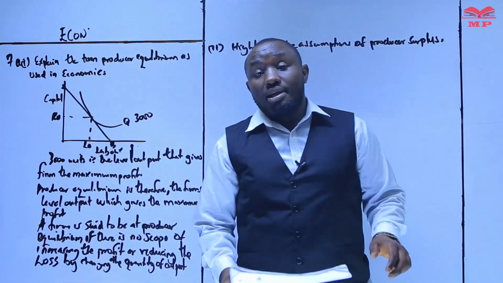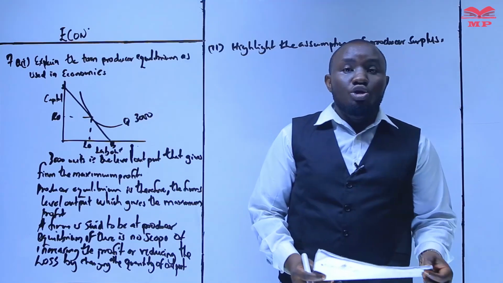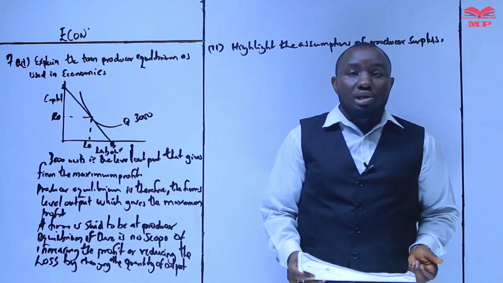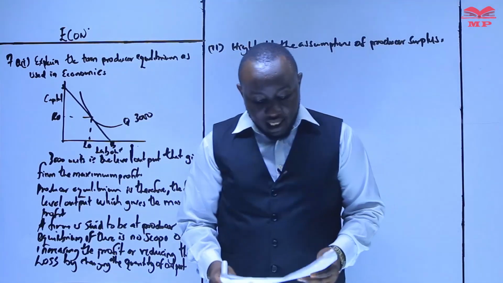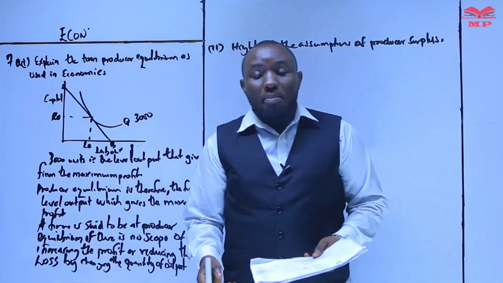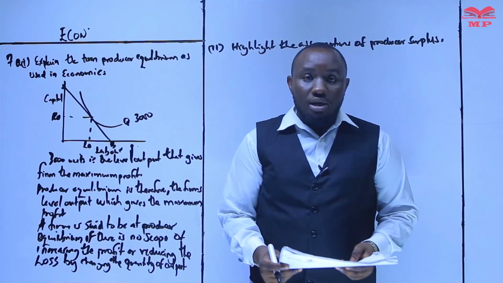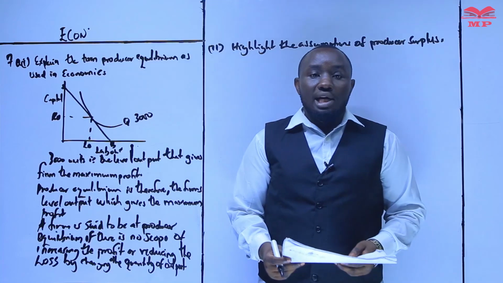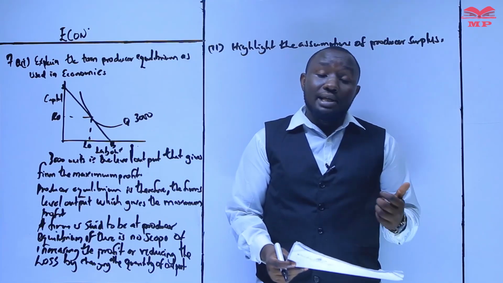So before we highlight assumptions of a producer surplus, it is very important to understand what we basically mean by a producer surplus. When you talk about a producer surplus, we basically say that there is a difference between the amount the producer is willing to supply a good for and the amount that they actually receive when they make the trade, which in most cases we say is an additional benefit, because what they receive is more than the minimum that they're willing to supply the goods for.